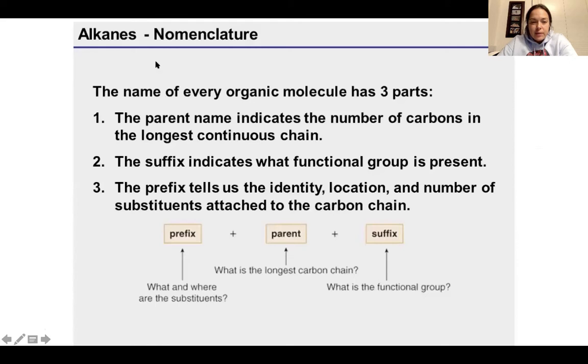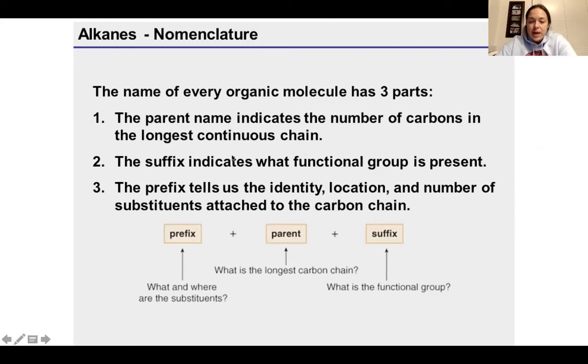There are some rules you can follow, and they were also given in your Top Hat content. If you're going to name an organic molecule, here are 3 straightforward steps. I will be honest, naming can get pretty complicated, but for this course we keep it straightforward. The first thing you want to do is find the longest continuous chain of carbons.